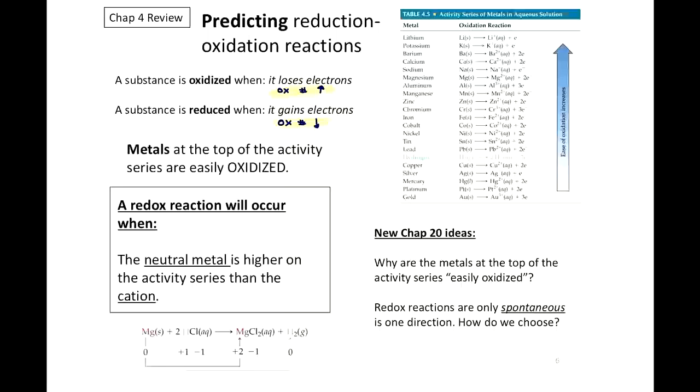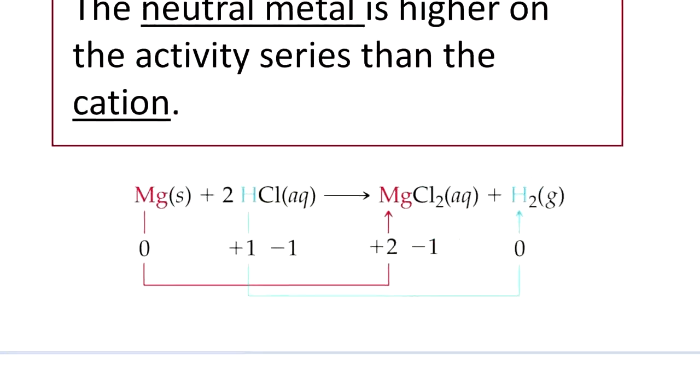So what we see here in this example, you've done this in lab. You took a magnesium strip, you put it in acid, you saw it disappear, and you saw bubbles being formed. Magnesium is going from a 0 oxidation number to a +2. So its oxidation number is going up, so magnesium solid is being oxidized.